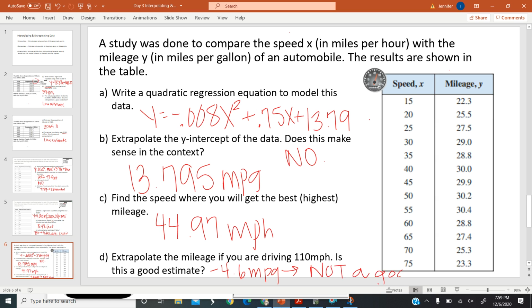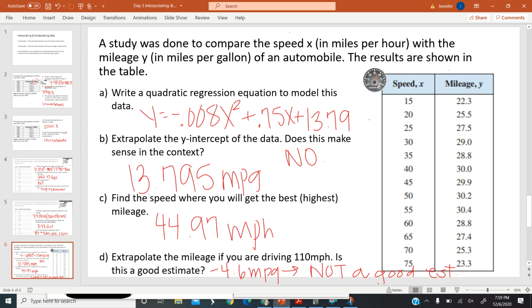So that one was just an example of how extrapolating can be not the best method sometimes because you're looking at numbers that are not necessarily going to be in your data range, or it just doesn't make sense to estimate that. So yeah, you can get how many miles per gallon you would get if you were going 0 miles an hour.